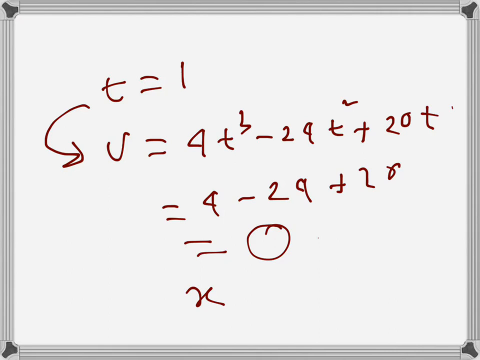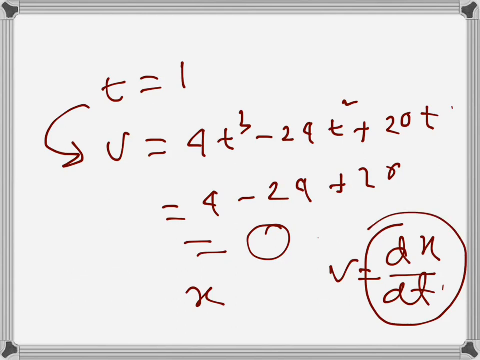That's what it means, because v is equal to the differentiation of x. So when v is equal to 0, that means the change of displacement is 0. That means this is either a maximum or minimum. We don't need to know that exactly. That's what we observe here.